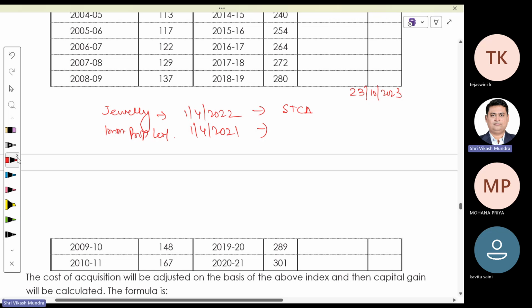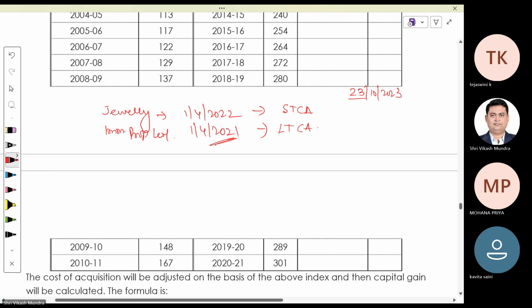Is it long term or short term? How to determine whether 24 months, 12 months, or 36 months should be considered? Since it is an immovable property, if the period of holding exceeds 24 months, then it should be considered as a long-term capital asset. Here, the period of holding for this asset exceeds 24 months, hence this should be considered as a long-term capital asset.